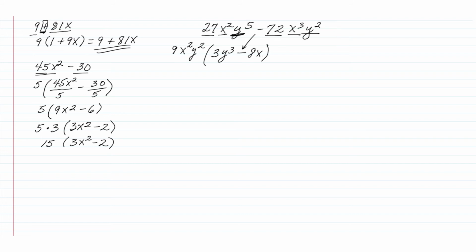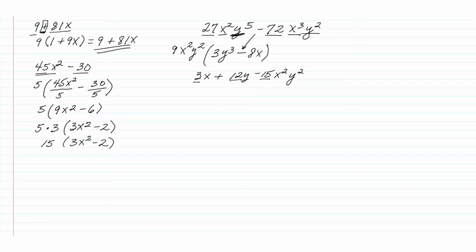So we're pulling out the greatest common factor. Let's try something a little bit more involved. Let's say that we have 3x plus 12y minus 15x squared y squared. When I look at this, I notice that each one of these is divisible by 3.